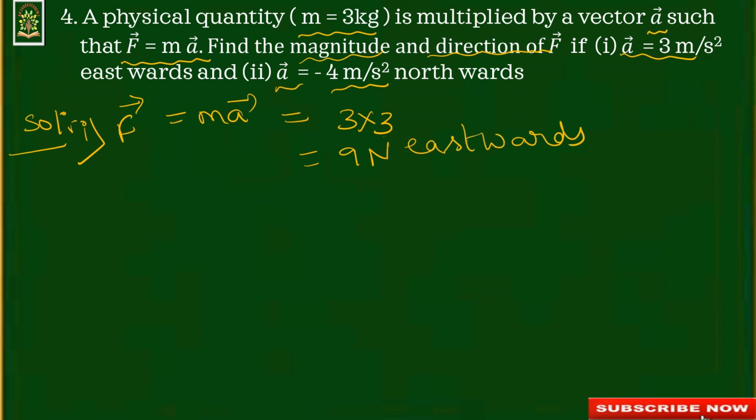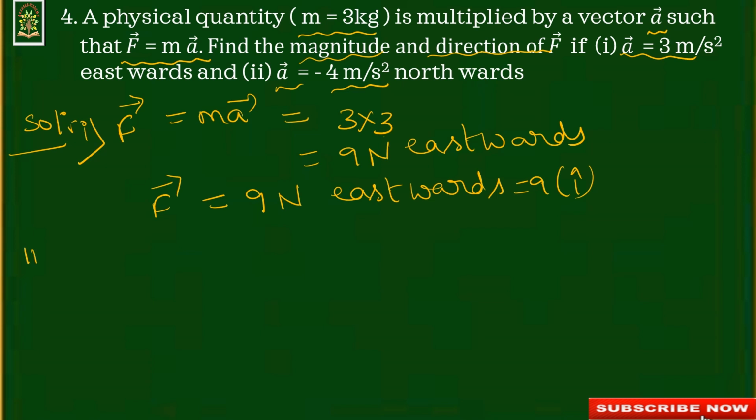Now first one we are getting, at a is equal to 3, F bar is equal to 9 newtons eastwards. That is 9 i cap. And the second one we are calculating at a is equal to minus 4 meter per second square northwards.